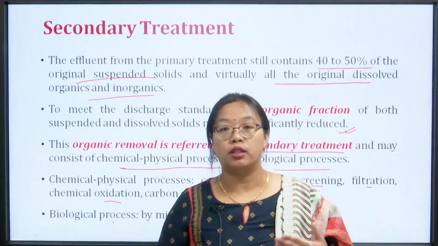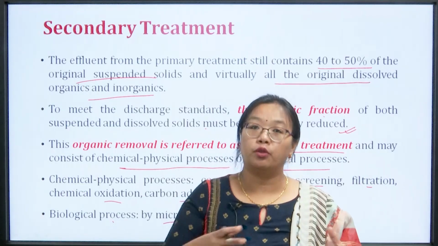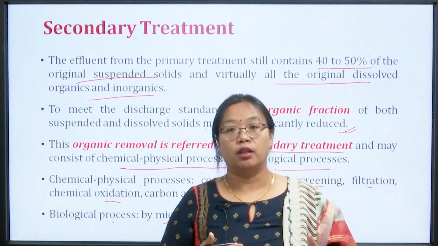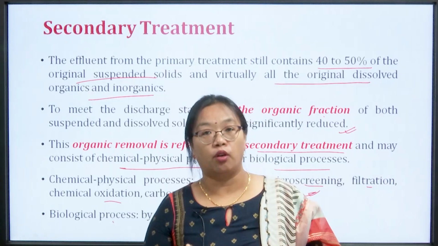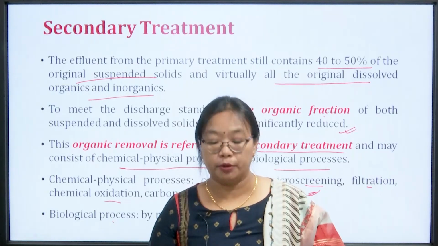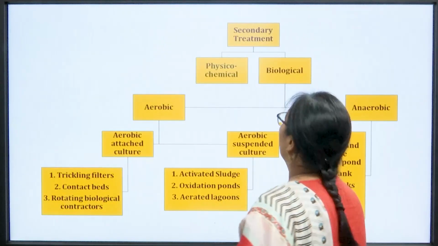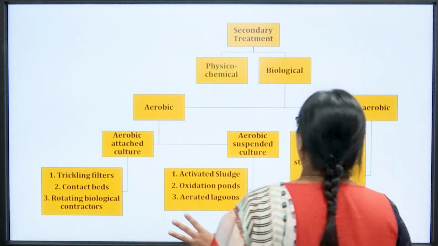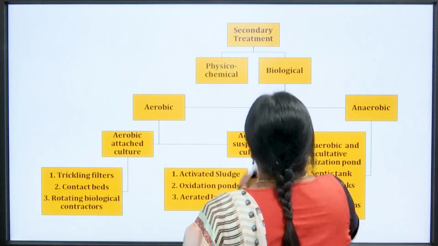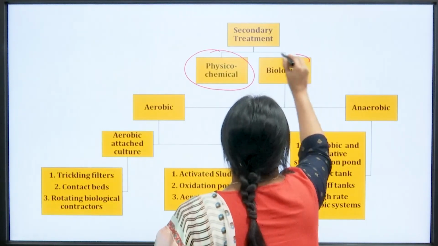I just wrote it because I thought you should know that secondary treatment can also be done through physico-chemical processes, but we will not be discussing it more. We will be discussing only the biological part, which is very much in use right now and very good. So, the secondary treatment can be either physico-chemical or biological.